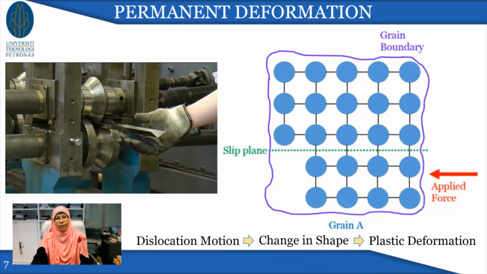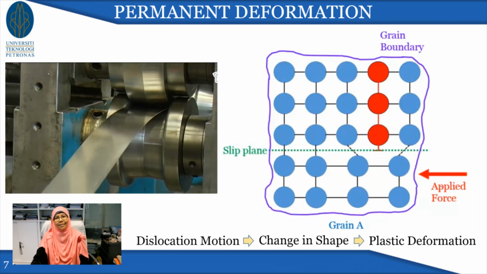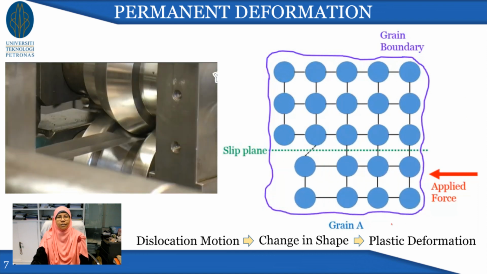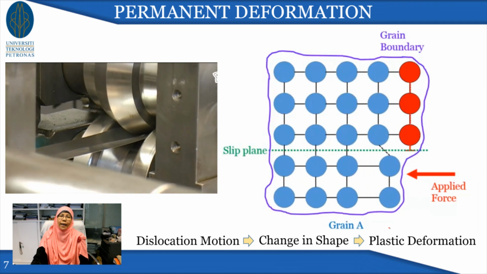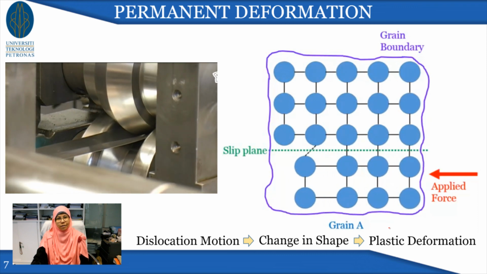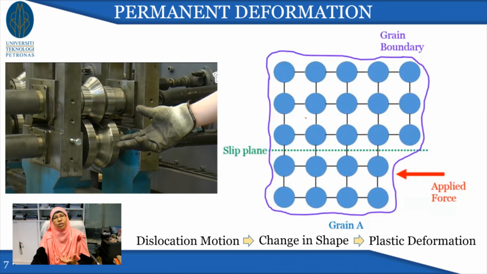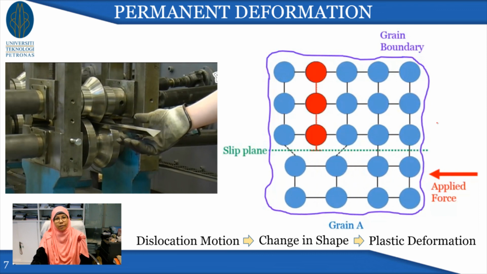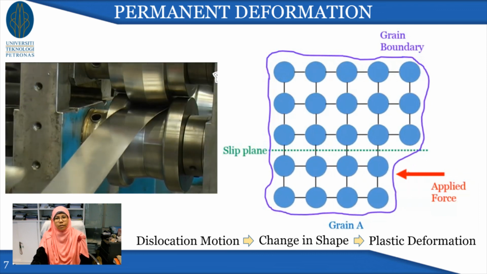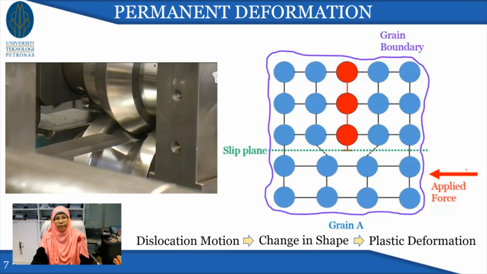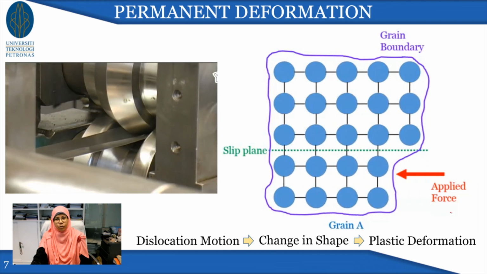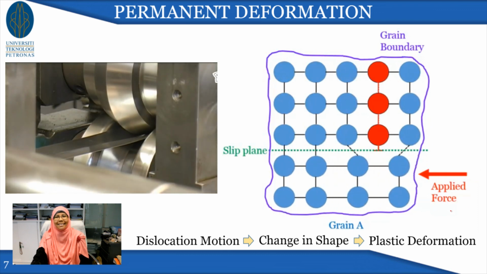If we look inside the material at the movement of atoms and how the dislocation plays its role, this is a block of material with all the atoms inside, and on the right side you apply the load.